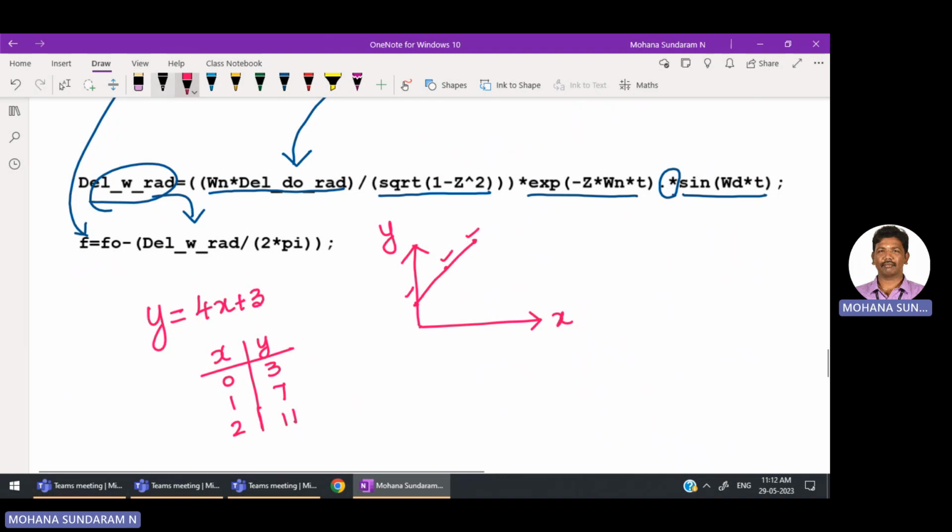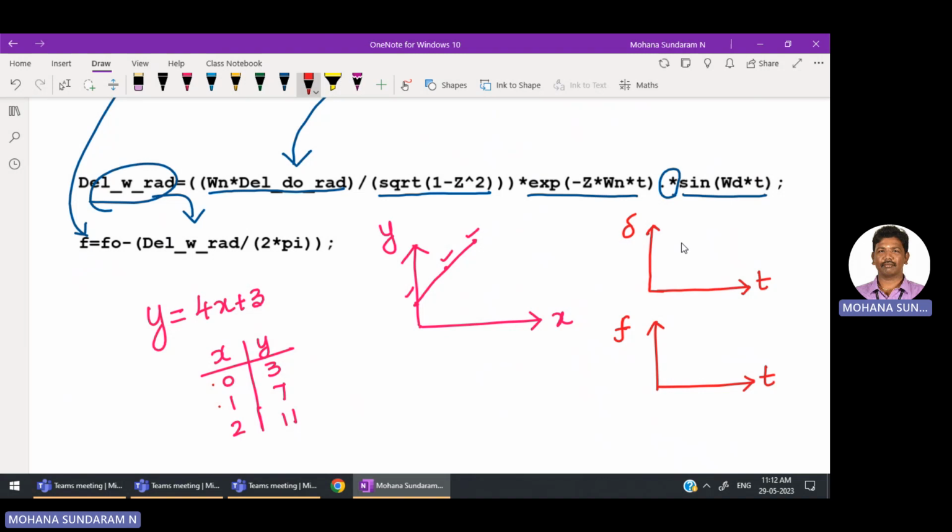Similarly, here we are very much concerned about two diagrams. One is delta and one is frequency, let me take it as f naught. It is taken over an x-axis called time. Like for x you require these many points, 0, 1, 2. Only when you give so many points for x will you get some answer for y, and using that range you can plot it.